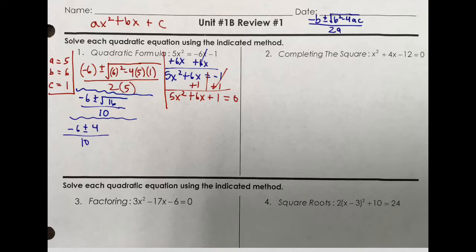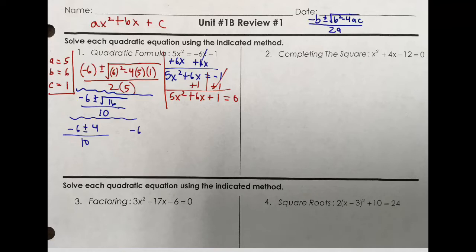Now look, we have two regular numbers on both sides of the plus or minus. That means we can apply the math on that. We have a negative 6 plus 4, and we have a negative 6 minus 4, and that's both over 10. So let's go ahead and do that.